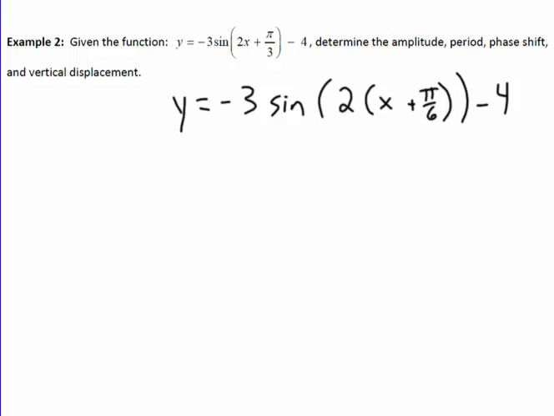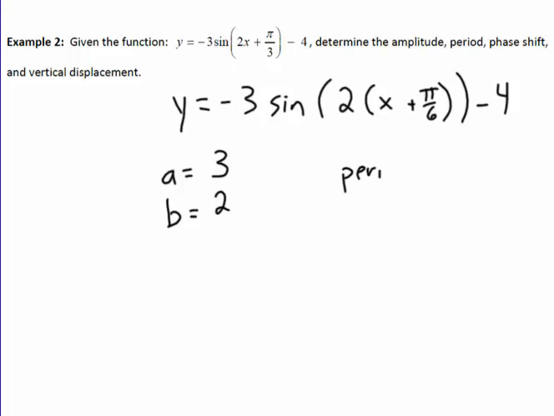Now, in this form, we can now determine the period, amplitude, phase shift, and vertical displacement. Well, this time I'm just going to use the letters. A, the amplitude, is 3. Remember, that negative just tells you whether it's a reflection, has nothing to do with the amplitude. The B value is 2. Now that B value, remember, can help us find the period.